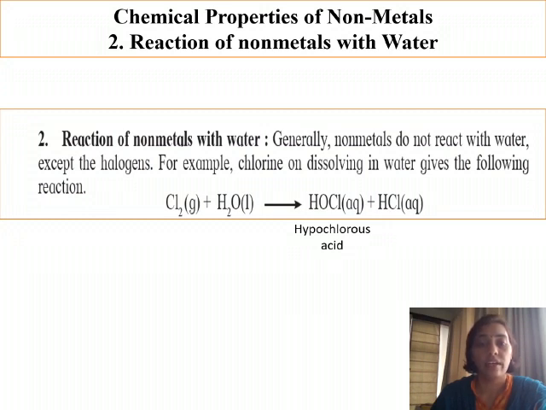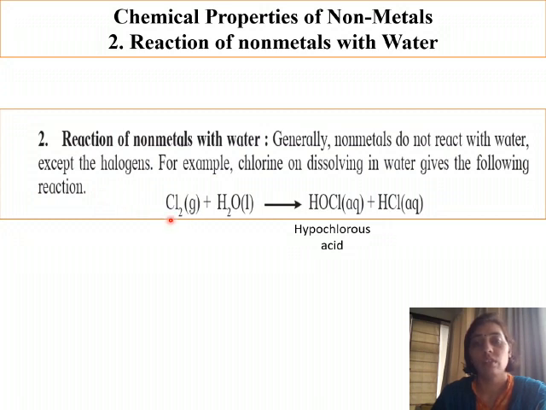In this particular slide, we are going to study the reaction of non-metals with water. Generally, non-metals do not react with water except the halogens. For example, chlorine on dissolving in water gives the following reaction.